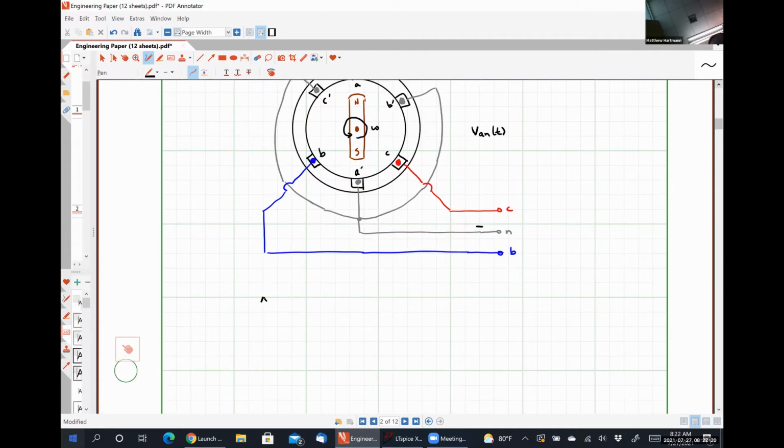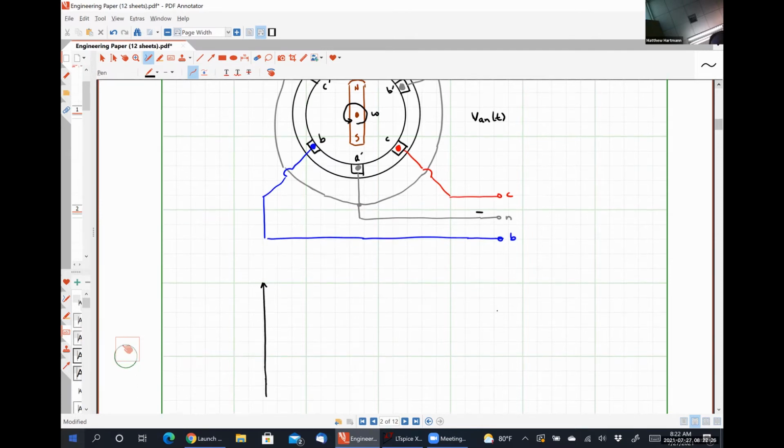And now I'm going to try to draw what's going on with these voltages, and I'm going to apologize for how crappy this looks as well. So here is time. This is voltage. And so the A phase is going to look something like this.